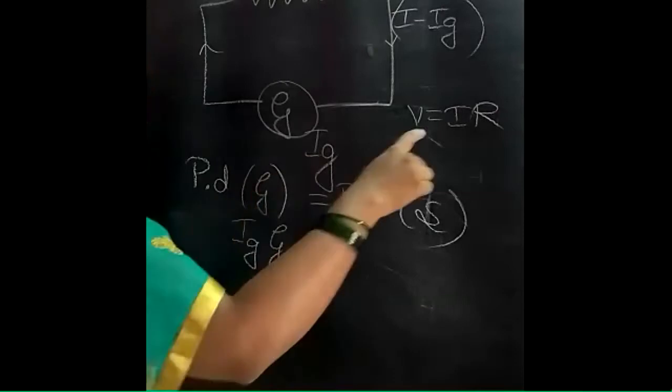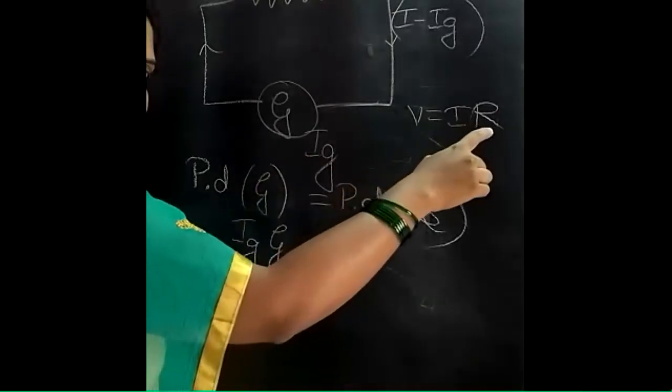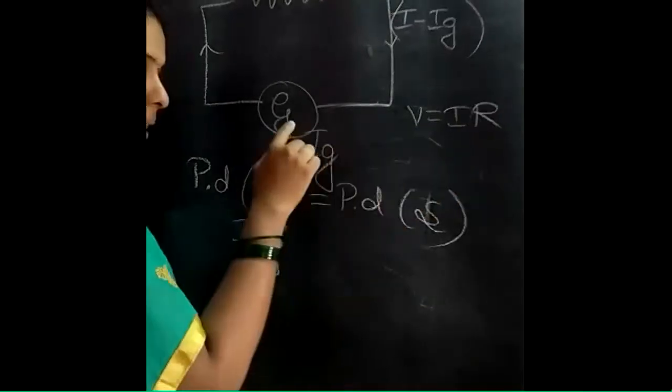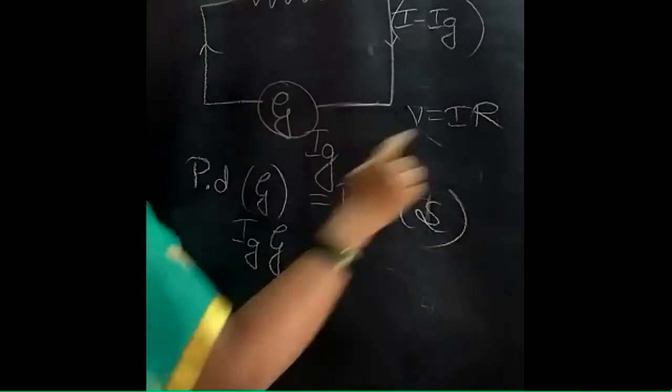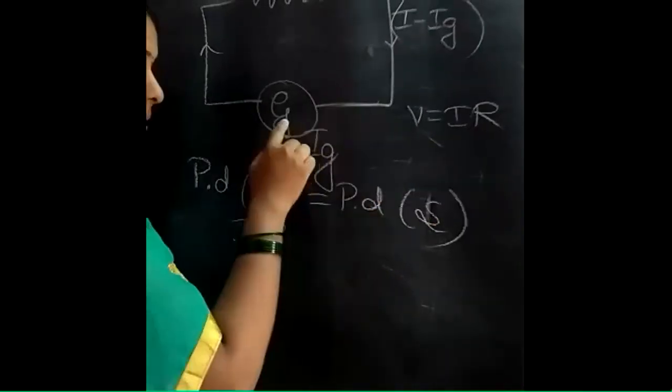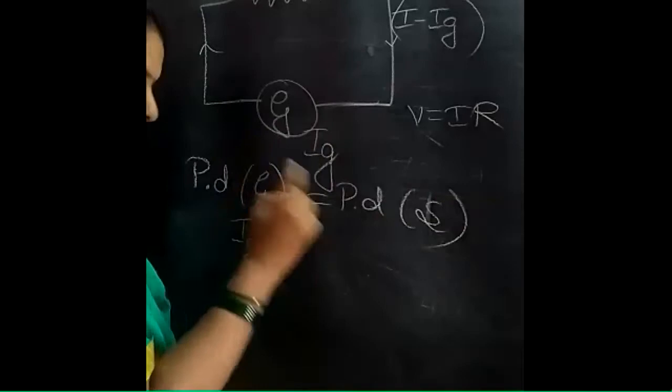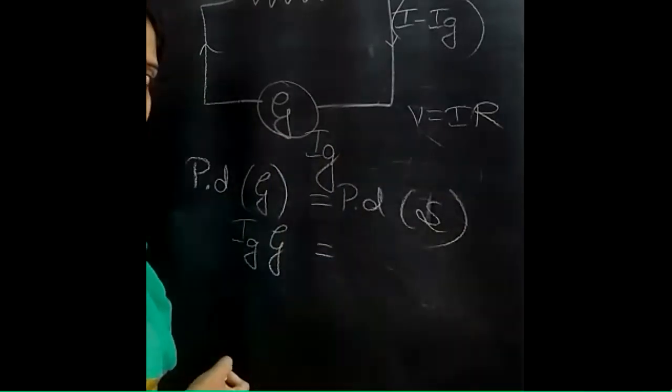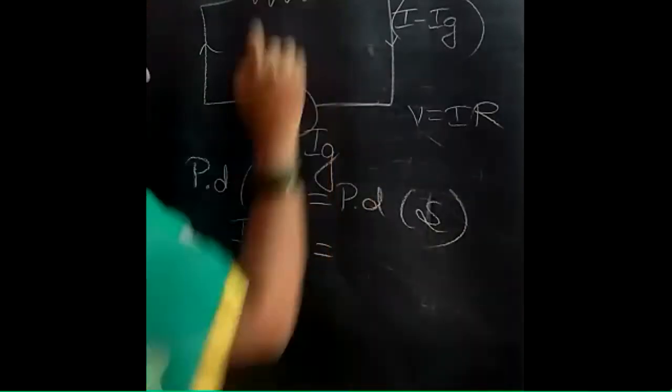We know that potential difference V is equal to I into R. Through the galvanometer the current is Ig, and the resistance is G, which is equal to the potential difference across the resistor.